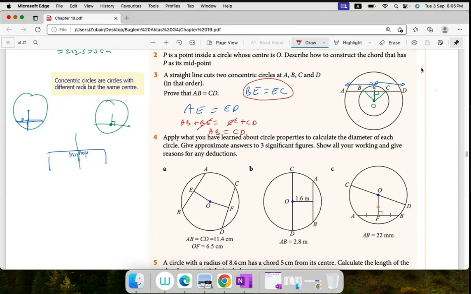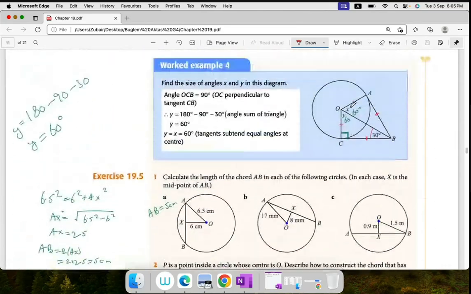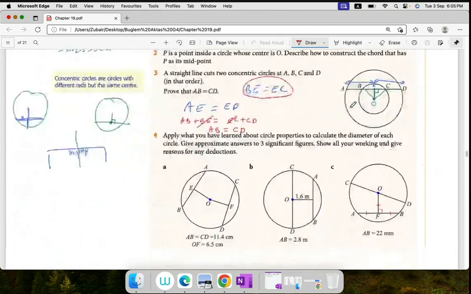And these are just the practice questions. In exams, we have numericals like the one we did in question 1 and these worked examples.